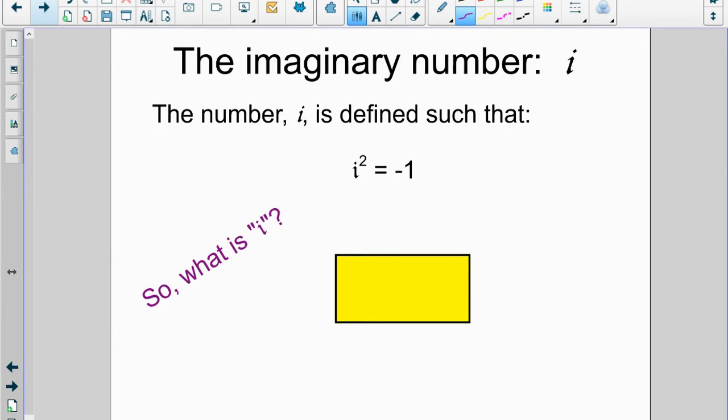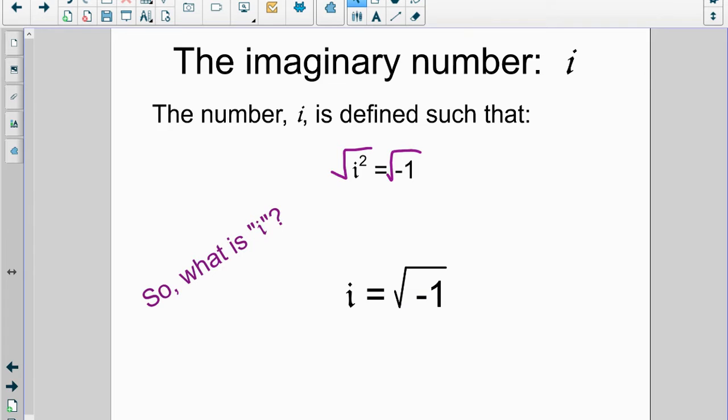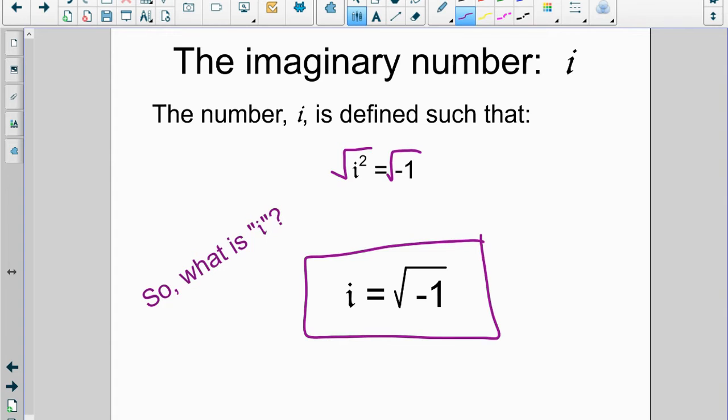The number i is defined such that when you square i, in other words, i times i, it will equal negative 1. So if we were to try to get i by itself here, solve the equation, undo the exponent by square rooting both sides, that's going to give us i equals the square root of negative 1. So that's what i is. i is the square root of that negative number, negative 1.